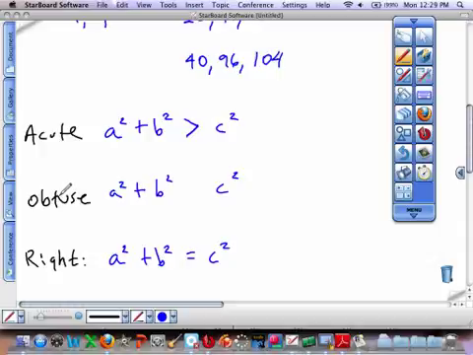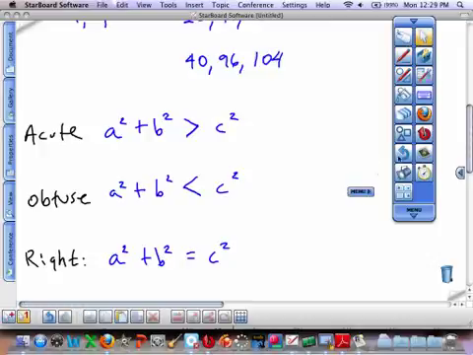And if it's obtuse, a squared plus b squared is less than c squared. Okay? So, what we're going to do is practice.